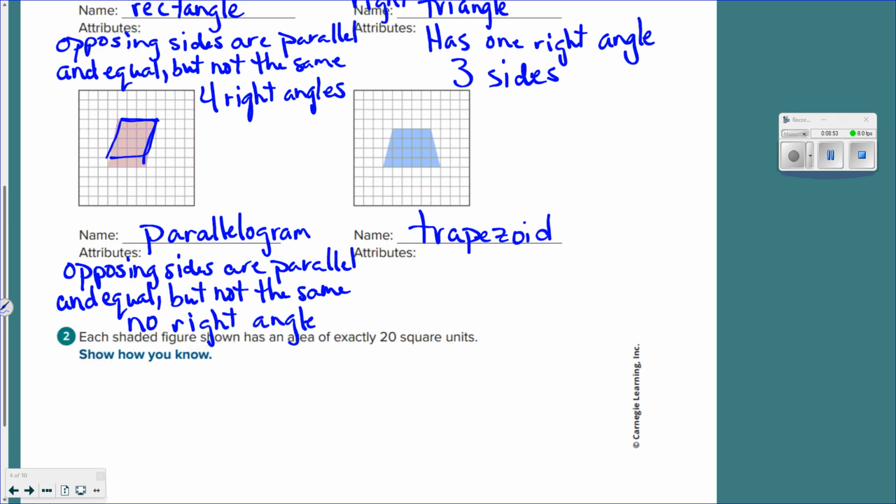Not necessarily. Both sides could potentially be equal, but there's more important characteristics that make them a trapezoid. One side parallel.